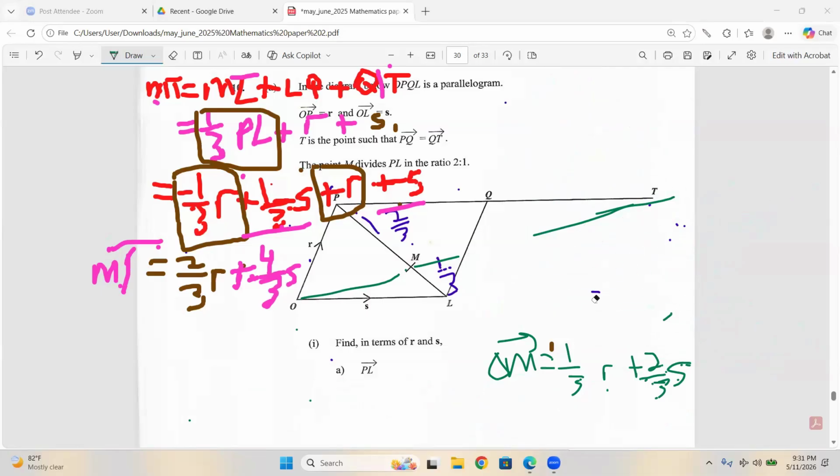How can we prove for sure they are collinear? Look at the terms in R for both of them. This one has 1/3. This one has 2/3, which means for MT, R is twice, because 2/3 means 2 times 1/3. So MT is definitely twice.